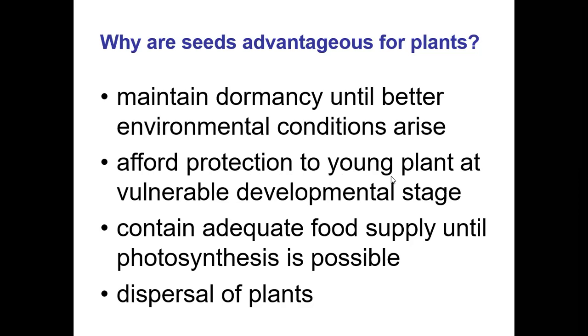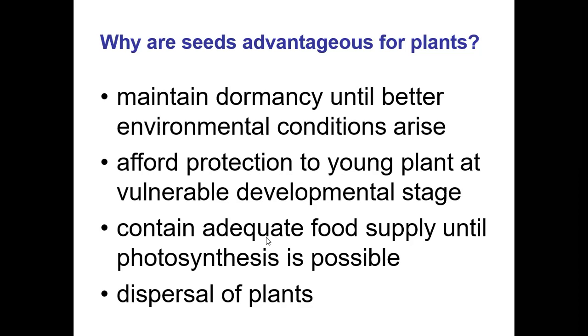Young plant means plant part inside seed. That plant part inside seed is protected at vulnerable developmental stage. Before development of plant, it is protected inside seed. Inside seed there is adequate food.